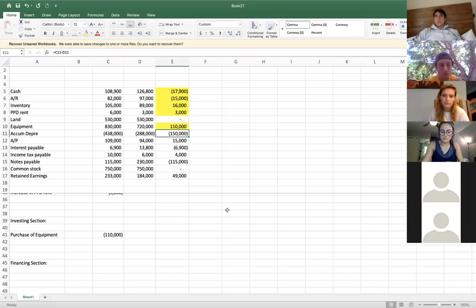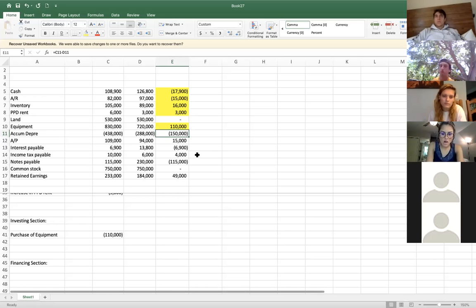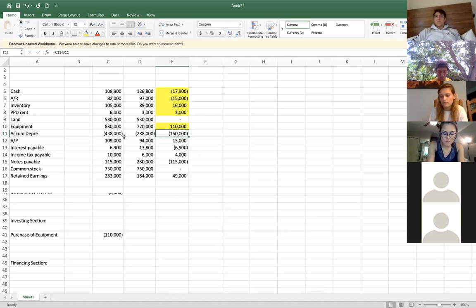Accumulated depreciation, what did it do? Remember, it's a contra asset account. So what did it do? It increased. It's a contra asset. It increased by 150, went from 288 to 438.